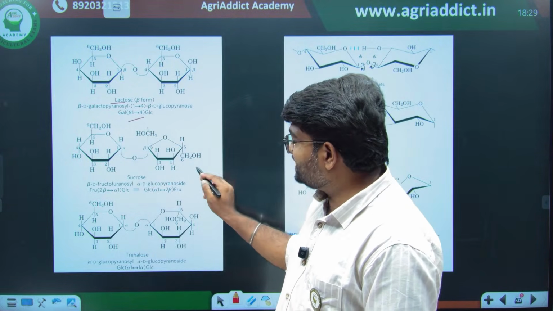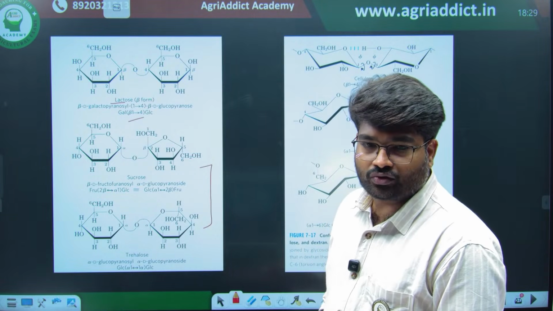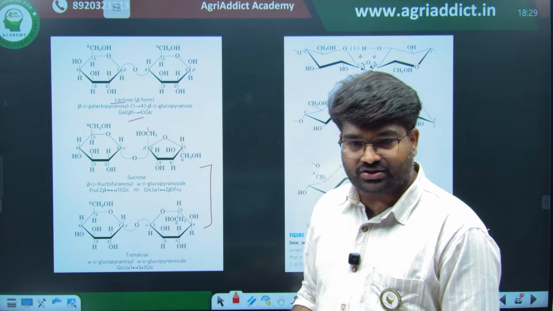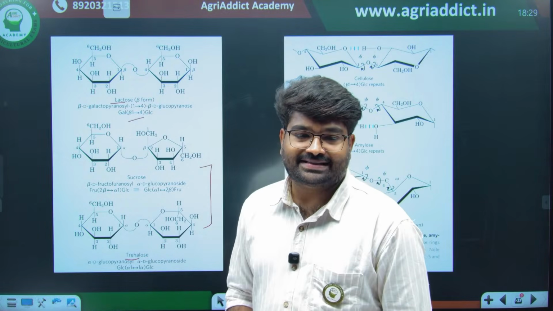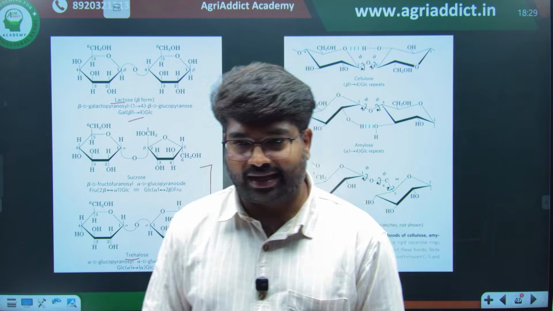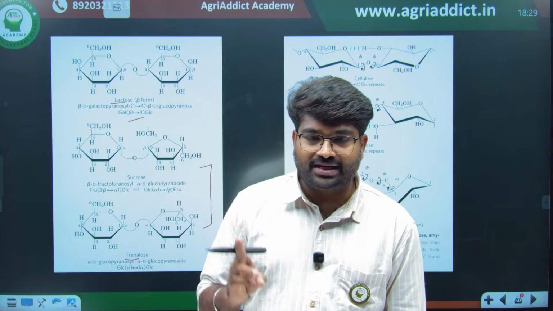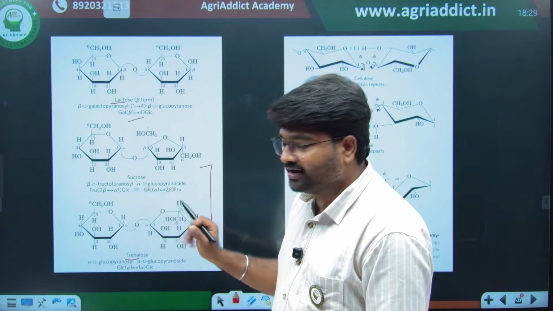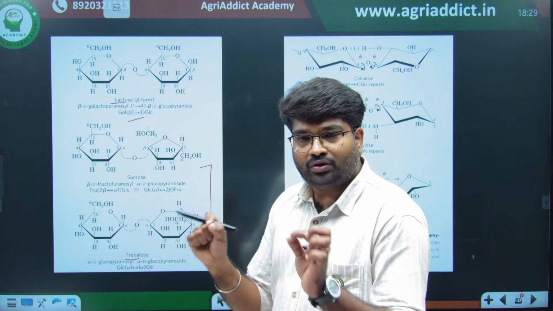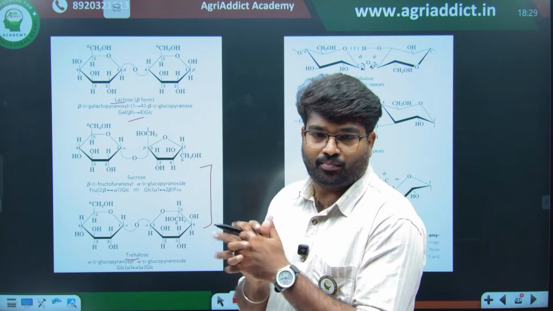Then another most important and repeated thing is sucrose. Sucrose is an example of a non-reducing sugar. Apart from that, trehalose is also an example of a non-reducing sugar. They are non-reducing because both anomeric carbons of the disaccharide are involved in bond formation.